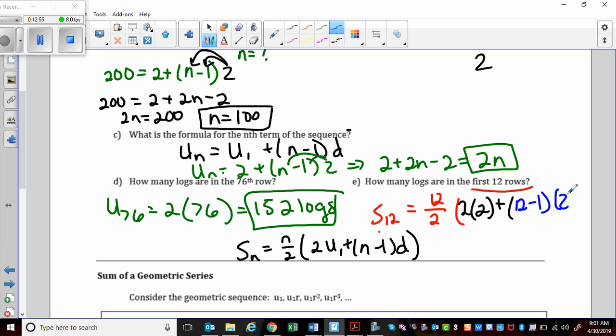So my difference is 2, like this. 12 over 2 is 6, and this is 11 times 2, which is 22, plus 4. I think this is 156. Try it, make sure. The first 12 rows have 156 logs.